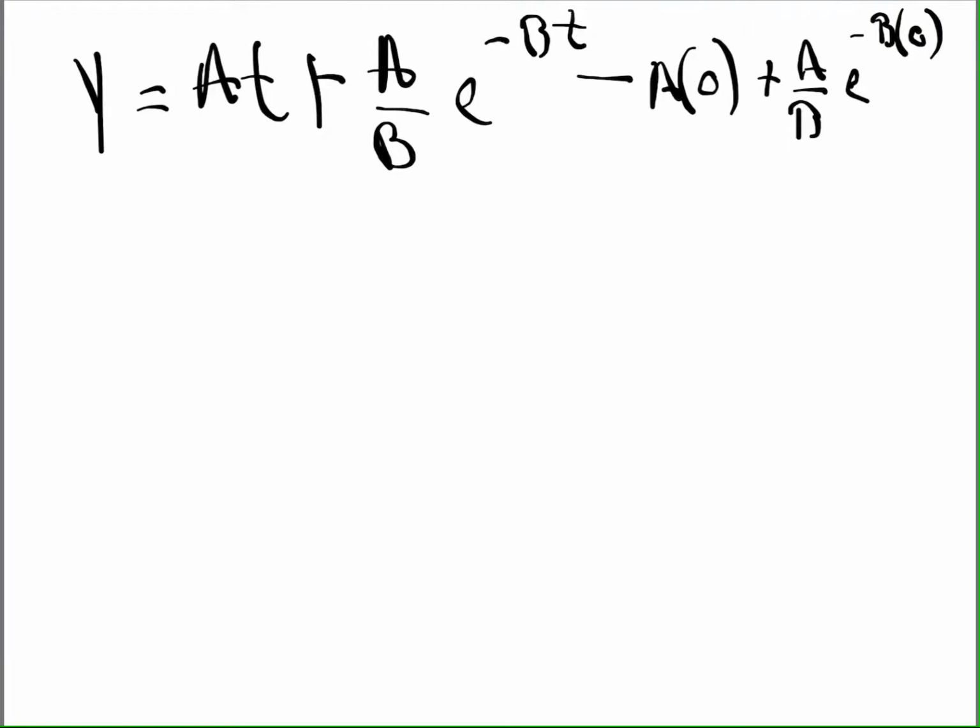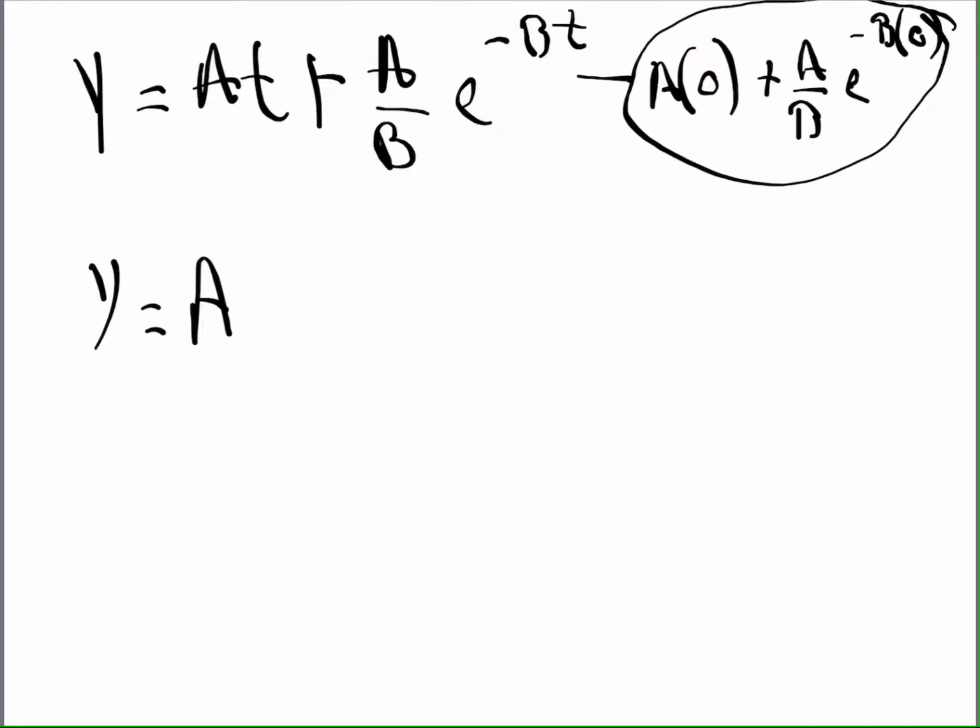So this whole piece ends up becoming one. So our final answer for this is going to be just At plus A over B, minus 1.